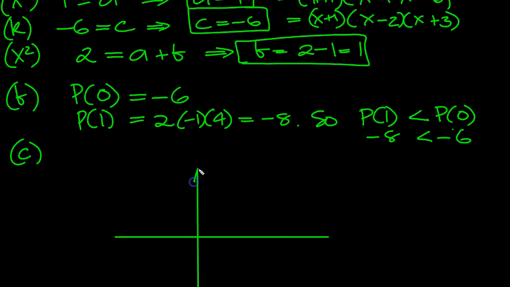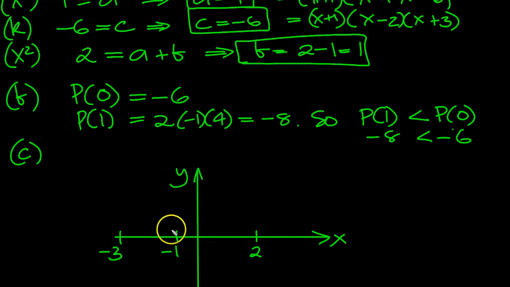And the y-axis and the x. The roots are at minus 1, 2 and minus 3. So let's put minus 3 here. And then the other root is at 2, which we'll put here. And the other root is at minus 1. So there's the roots. We indicated where it cuts the x-axis.